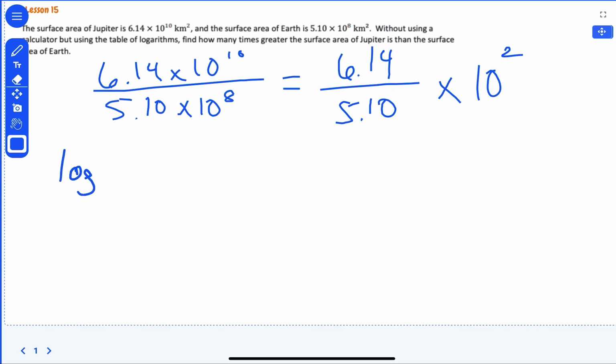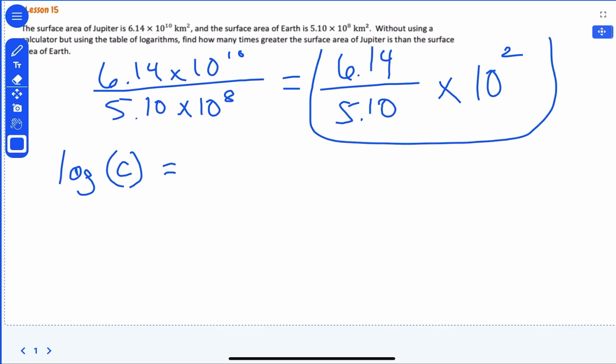Let's say log of, let's call it C, is equal to, now if we log this, what do we get? How can we write that?